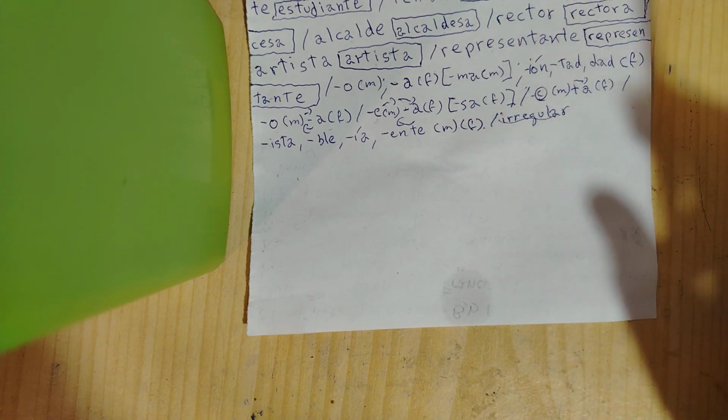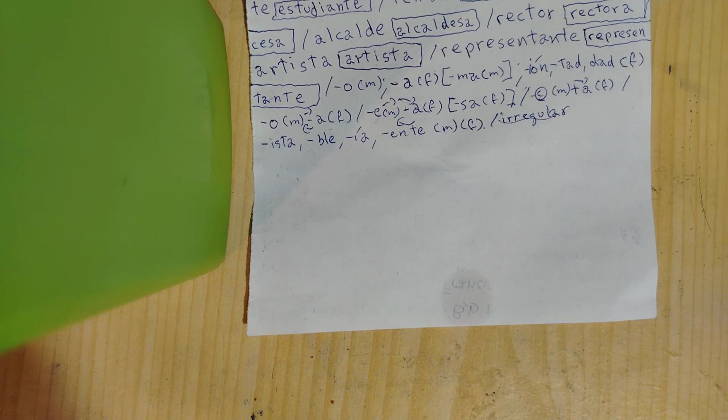We were doing the gender of nouns referring to people, and not just people, but all the nouns in Spanish, all the sustantivos, have gender. So we were doing that.